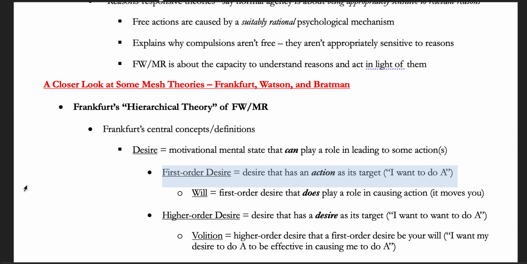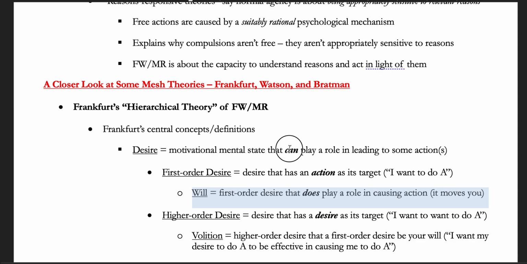Okay. And then Frankfurt called some of those desires special. So again, your desires can play a role in leading to your actions. Not every desire does, because remember, you can have conflicting desires. You can want to do two things that you can't do both of. You can say, I want to drink coffee right now, and I also want to not drink coffee right now. I can't drink and not drink coffee, right? That doesn't make any sense. So you can have two desires that you can't fulfill both of.